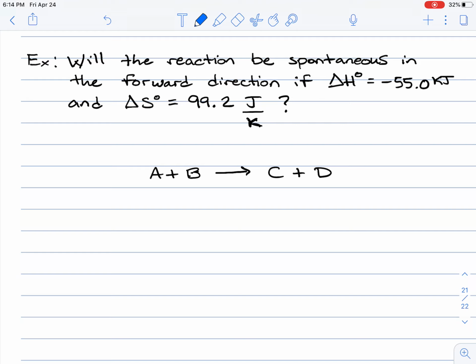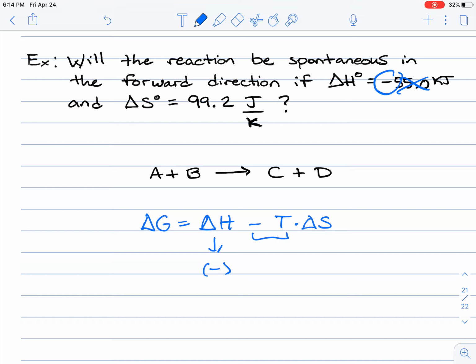Therefore, we need to qualitatively assess the spontaneity of this reaction by simply looking at the signs of enthalpy and entropy. So here we have delta G is equal to delta H minus T delta S. And I don't really care about this value. All I care about is the fact that it's negative.